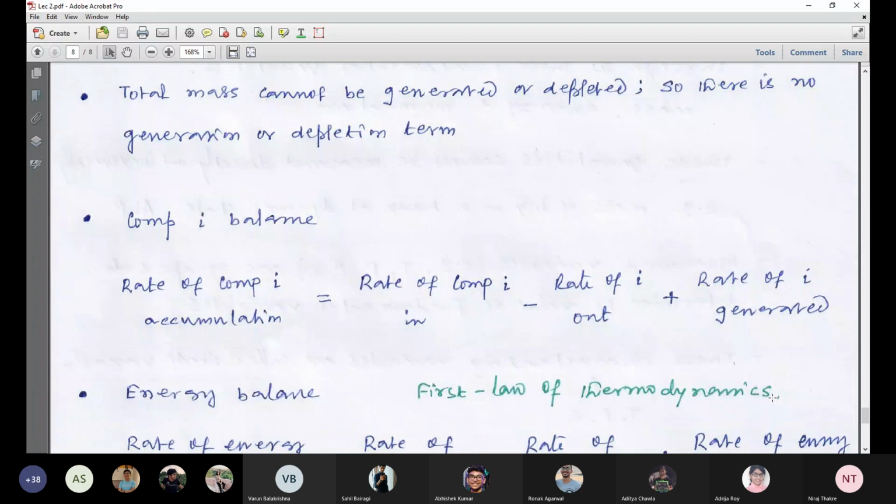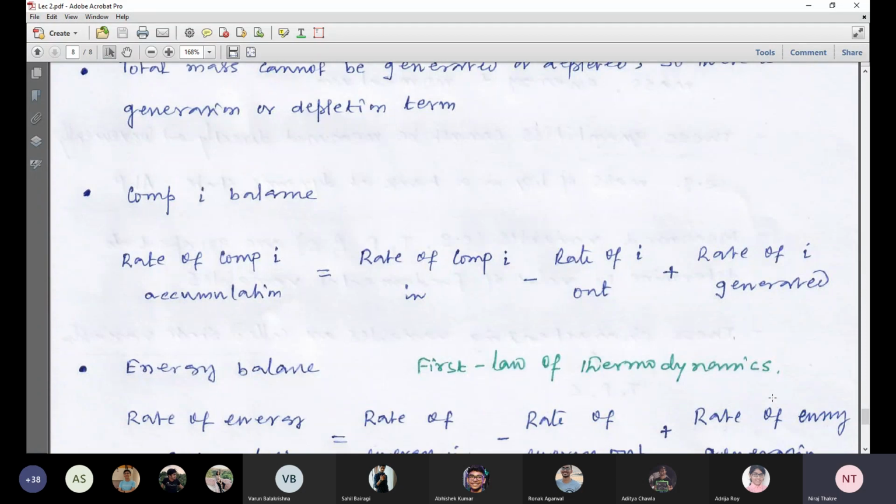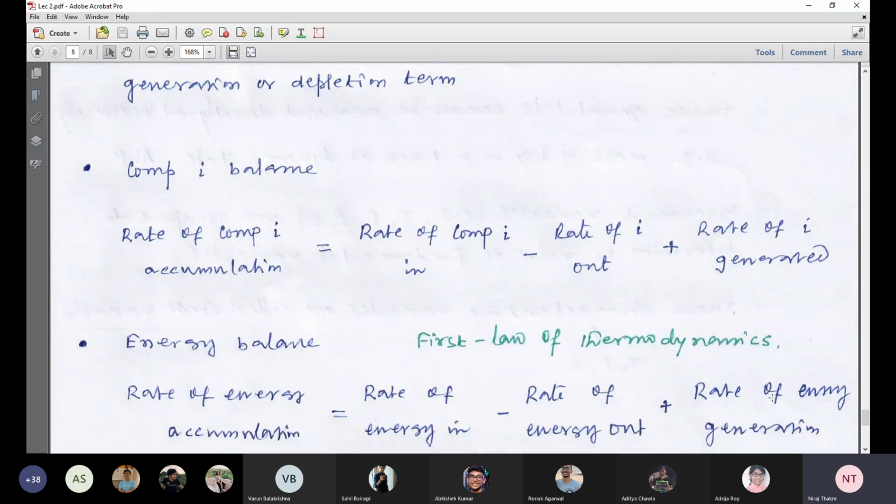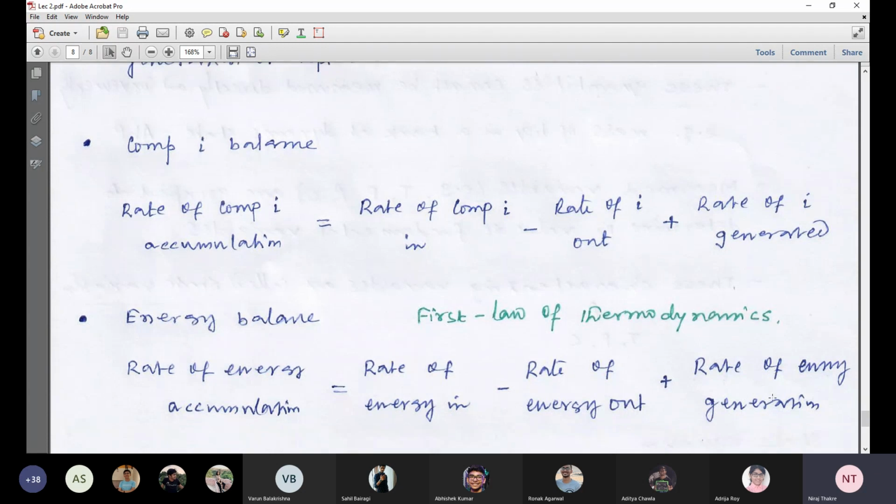Fine. In the similar way, we can write the energy balance equation. Rate of energy accumulation, rate of energy input minus output plus rate of energy generation.